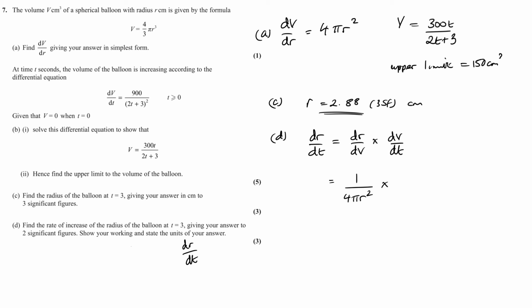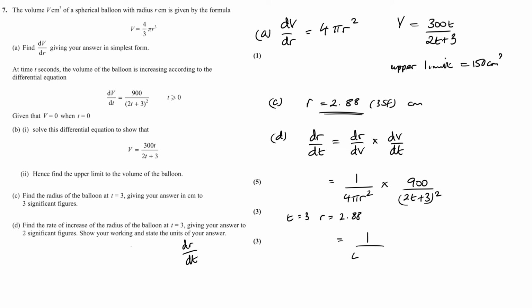So that is 900 over 2t plus 3 squared. Now it also says that t equals 3, which is what we did here. So this means t equals 3 and then r equals 2.88, because that's from part C when t equals 3. So those are the values we want to substitute in.